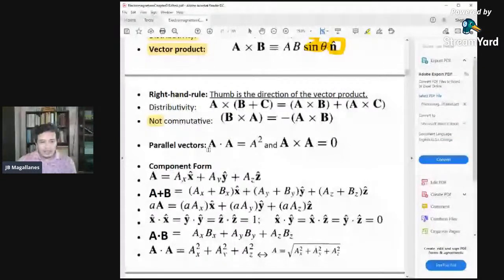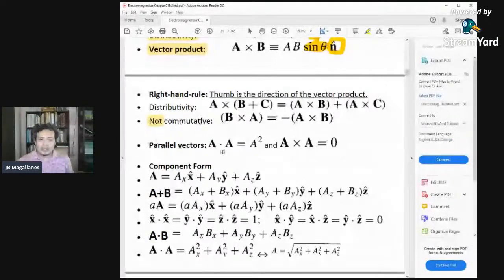For parallel vectors, the angle between the two vectors is zero. If you connect tail to tail, this is the angle, and it is zero.